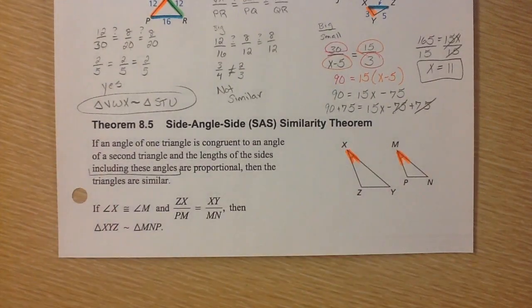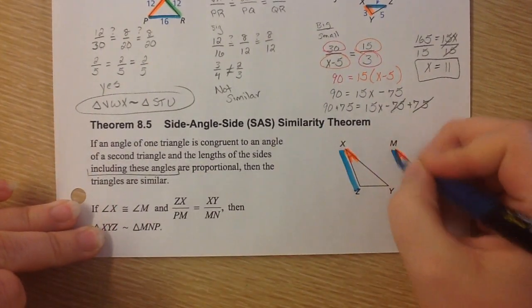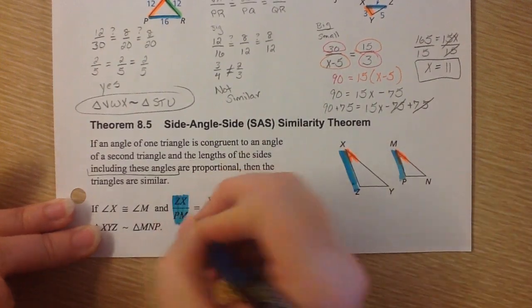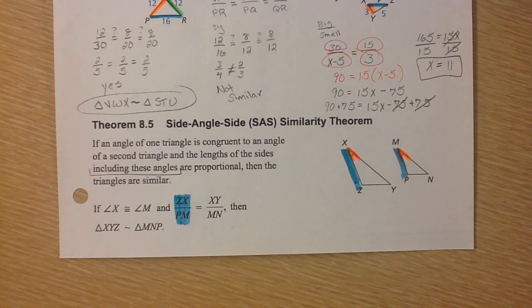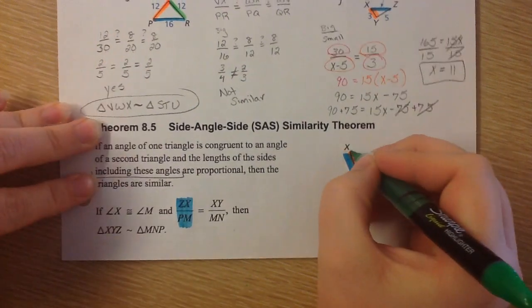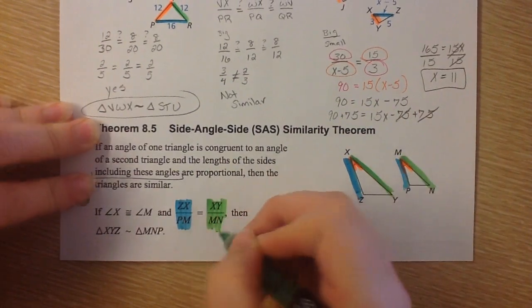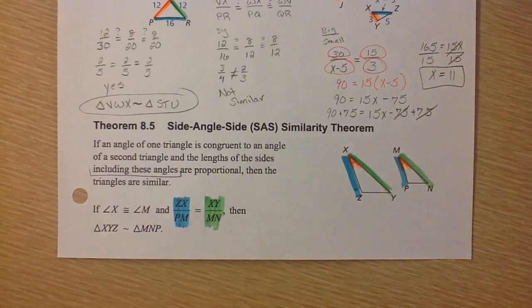So we have to be looking at this side to this side, that would be ZX to PM right there. That ratio has to equal the ratio of the other side.